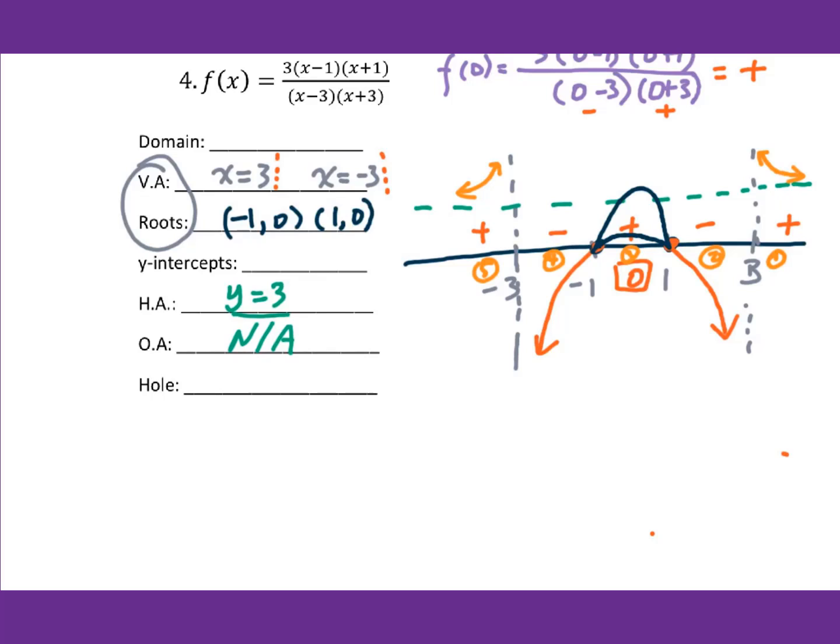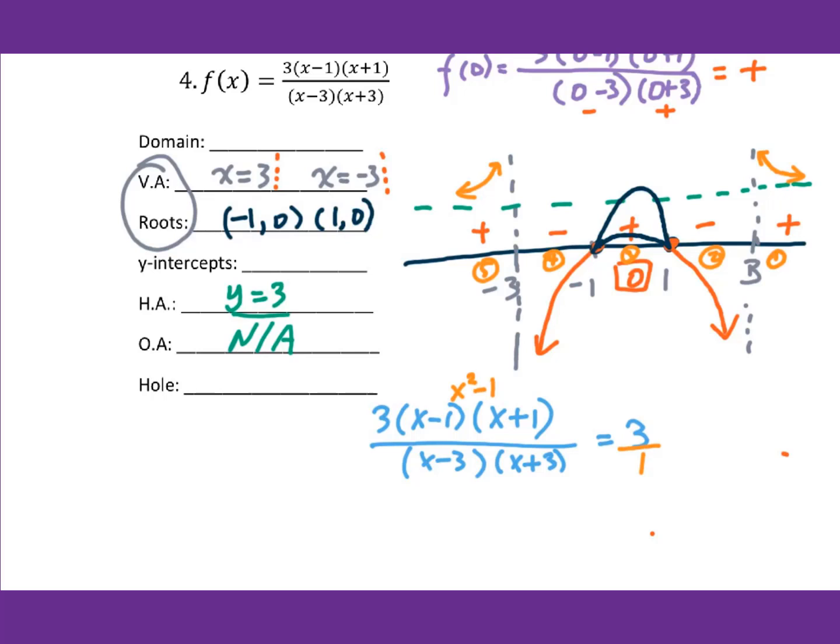We will set up this function 3(x minus 1)(x plus 1) over (x minus 3)(x plus 3) equal to 3. Then cross multiply. These two will be x squared minus 1. This two is x squared minus 9. Therefore, we do cross multiply.